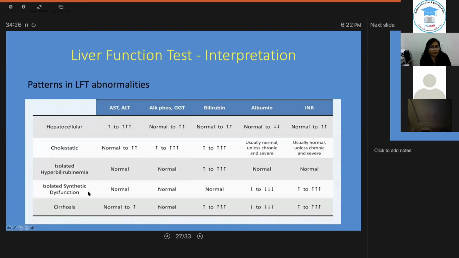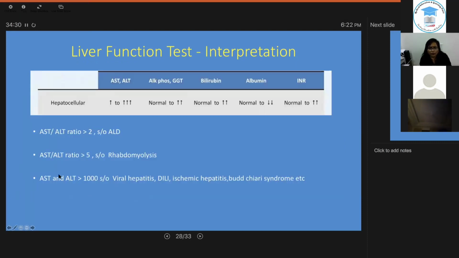This table again shows almost the same thing which I have already described. Just look at the individual tests. Hepatocellular injury: raised transaminases disproportionately, normal or mildly raised alkaline phosphatase, normal to mildly raised bilirubin, normal to low albumin, normal to raised INR.